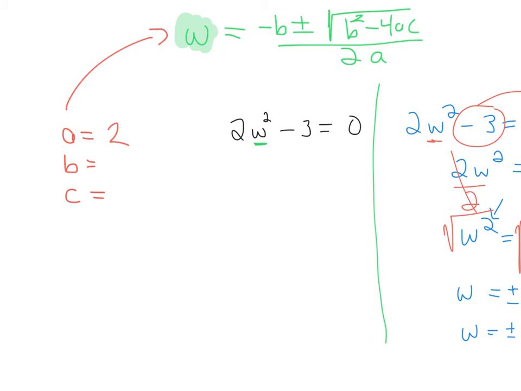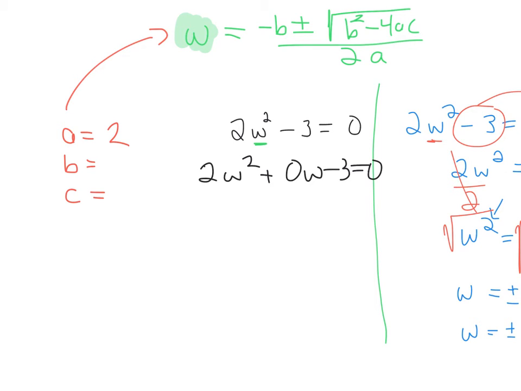My linear term, or my term with an exponent of 1. Now it doesn't appear to me right off the bat that term exists in this equation. But we could think about this equation as being written like this. So 2w squared plus 0w minus 3 equals 0, right?